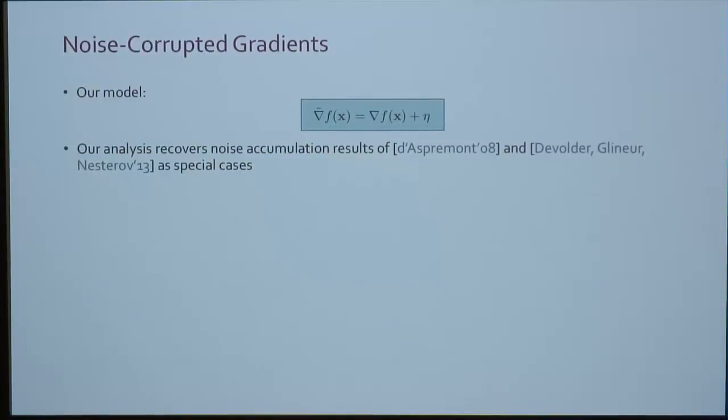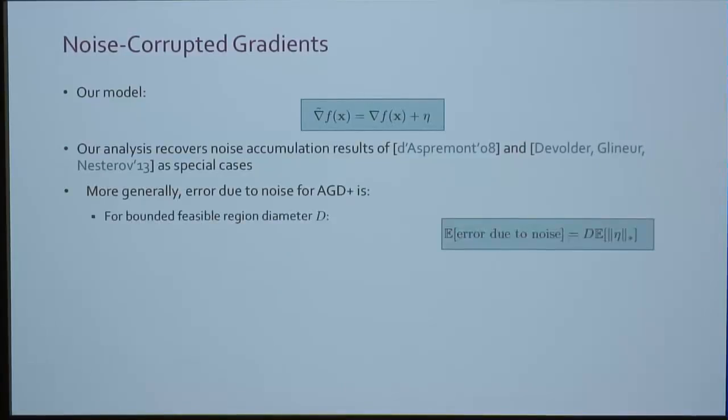Also, you don't need to be so pessimistic and only consider adversarial noise. If you are in a region that has a bounded diameter, the expected error due to noise, the expected error in the function distance, is bounded by the diameter times the expected norm of the noise vector. So this can also apply to the cases even when noise is unbounded but has bounded variance.